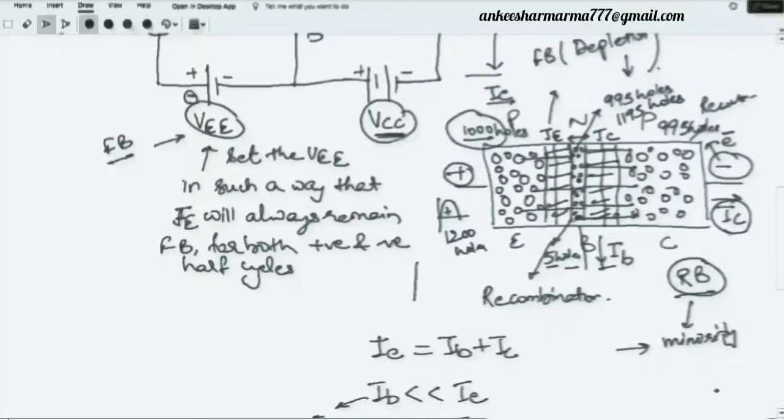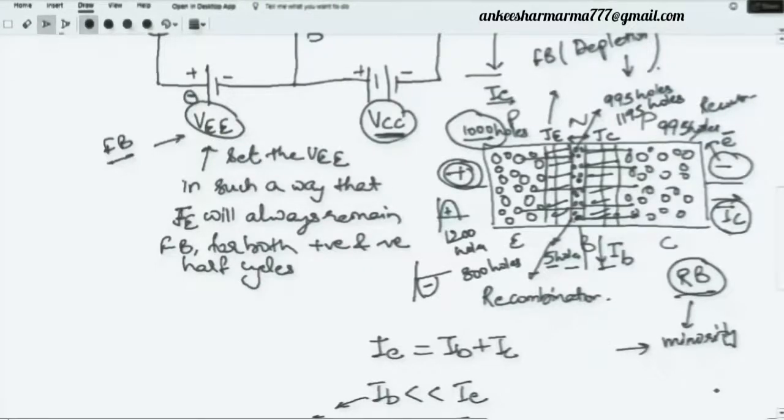In the negative half cycle, what is going to happen? In the negative half cycle, this positive will be reduced. It means if I take my reference as 1000, or earlier I have taken 1200, now it will be reduced to maybe 800 holes. Only 800 holes will be pushed towards the base region.